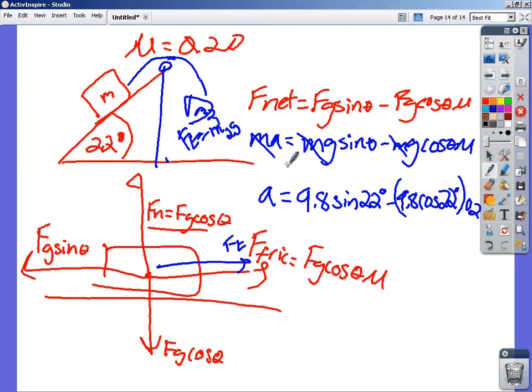All right, so let's look at the two free body diagrams. That's how we're going to make all our decisions. For the one on the inclined plane, we have Fg cosine theta, and this is also Fg cosine theta. Pulling up the plane, we have Fg cosine theta. Let's say mu is equal to 0.2 again.